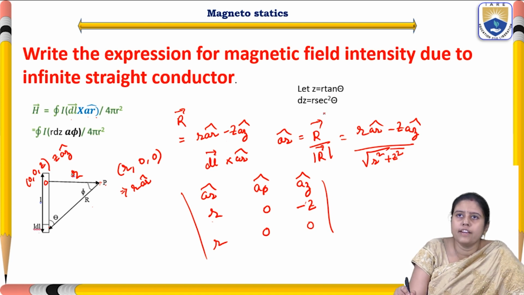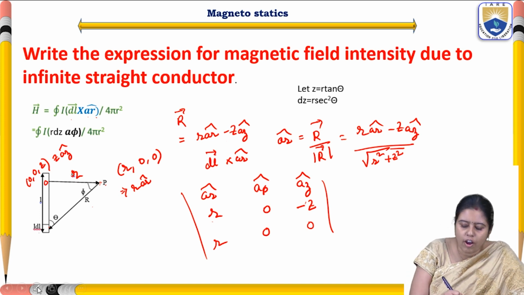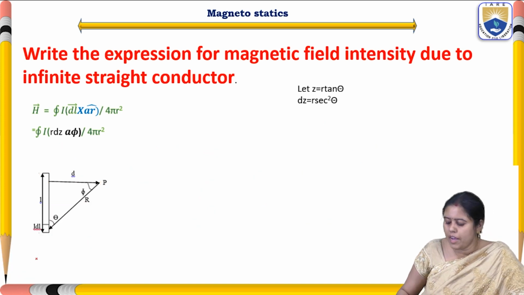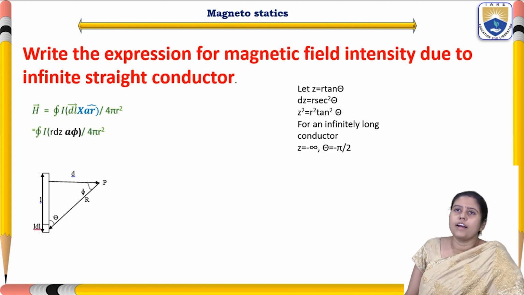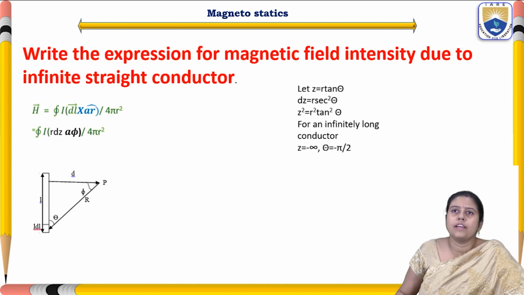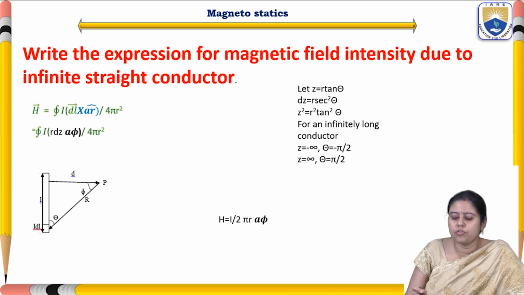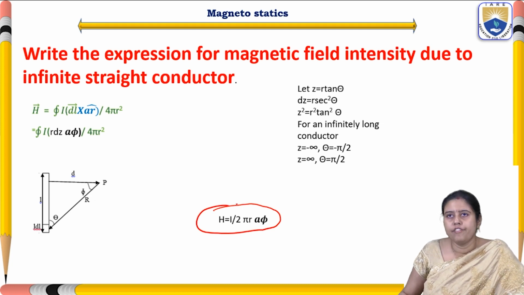If we take z equal to r tan theta, dz is equal to r sec square theta d theta. For an infinitely long conductor, z equal to minus infinity gives theta equal to minus pi by 2, and z equal to infinity gives theta equal to pi by 2. If we solve it, we will get H is equal to I by 2 pi r a phi.